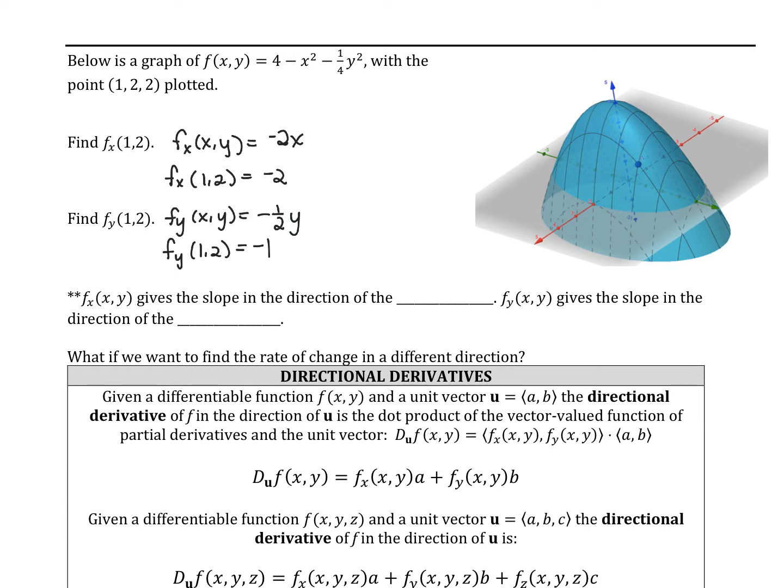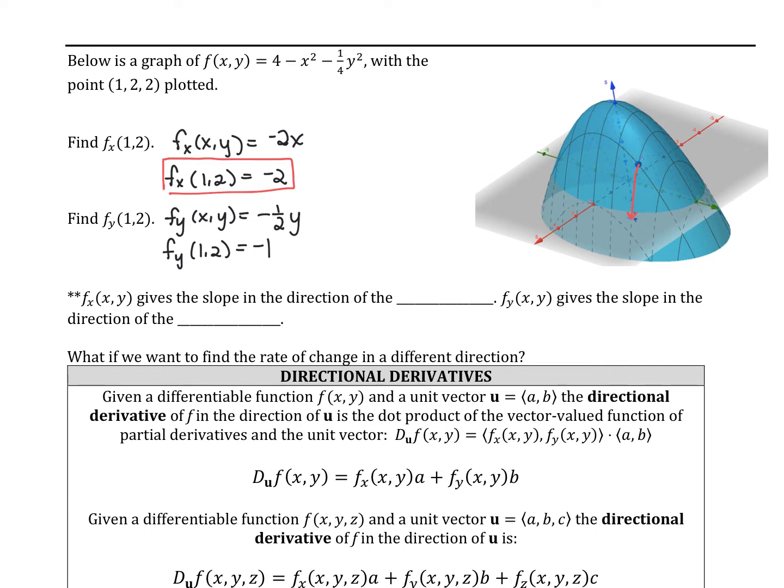Okay, so what does that mean though? When we look at this partial with respect to x, and we say it's negative 2, what we're saying is that the slope in the direction of x, in the same direction as the x-axis, from the point (1, 2, 2) is negative 2.